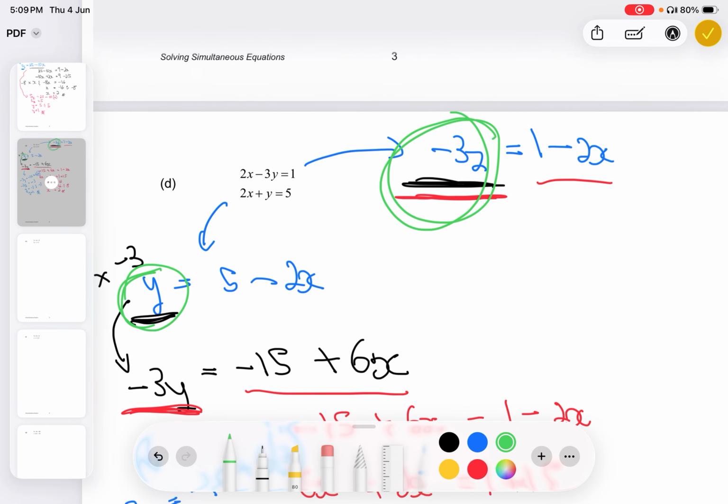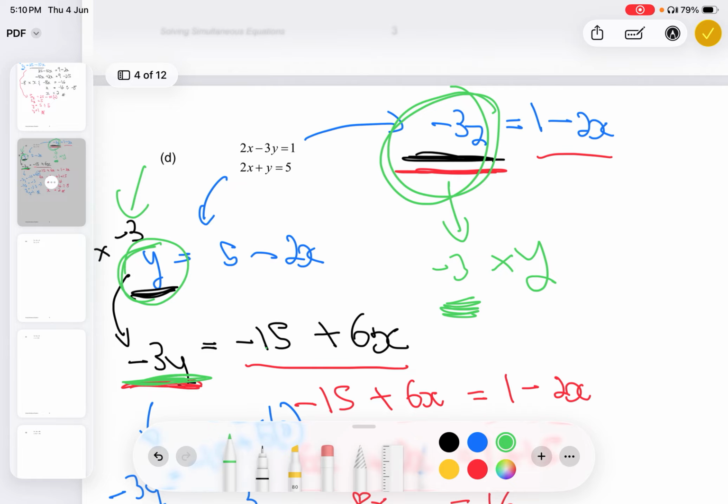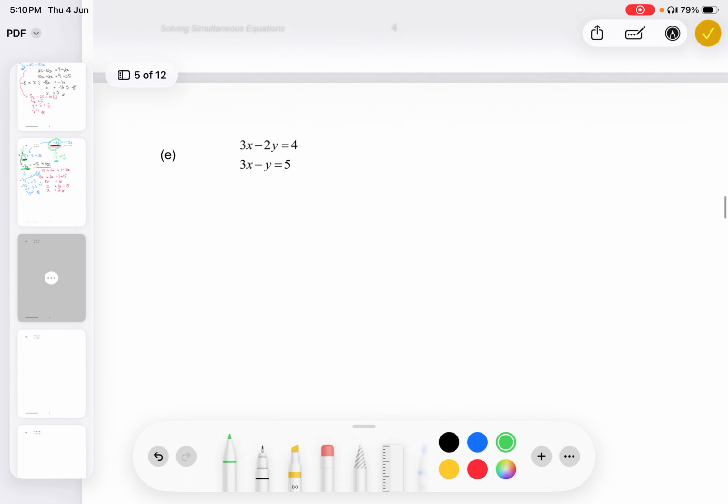That's why I multiply by negative 3, because this is negative 3 times y, so that they will be the same term. Both will be negative 3. You see this part? So you multiply accordingly. Then from there you can get the same term. Then you can do substitution for this. So you look at the next one. So this one will be the same.